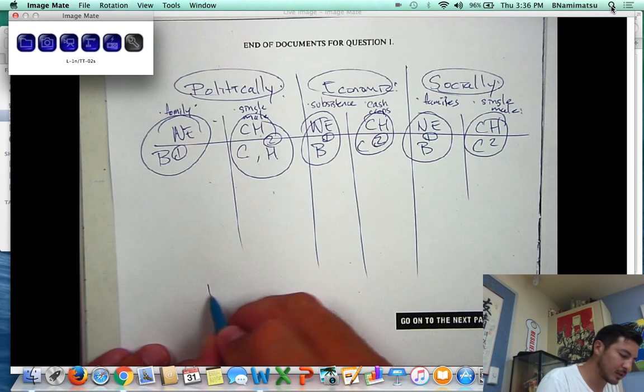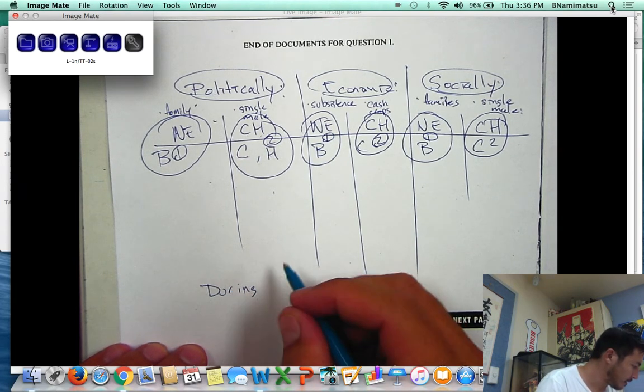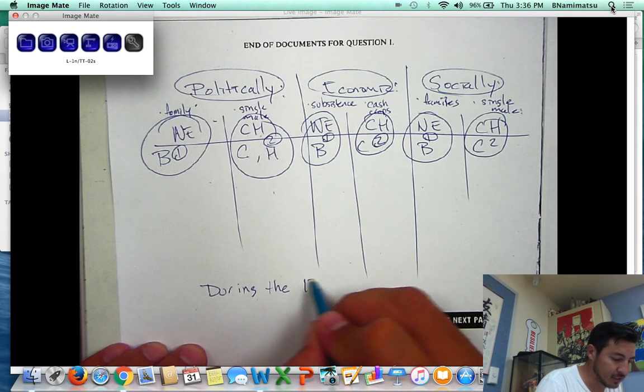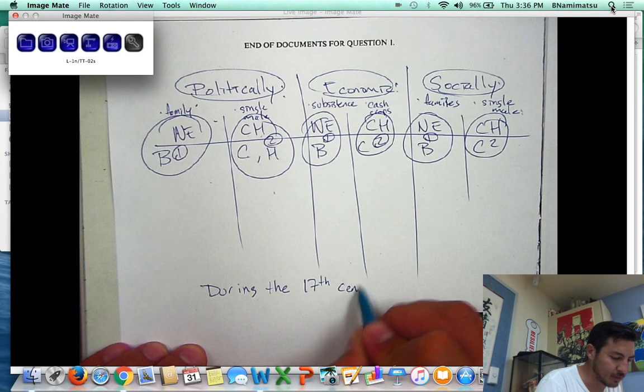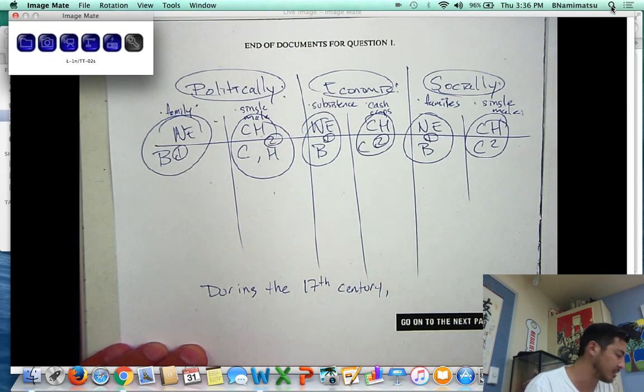So during the 17th century. Notice that in the prompt it says by 1700, and 17th century means 1600s, so I'm going to say that.